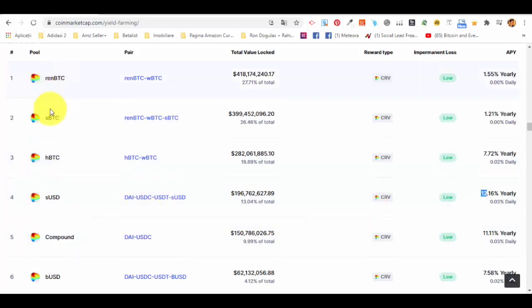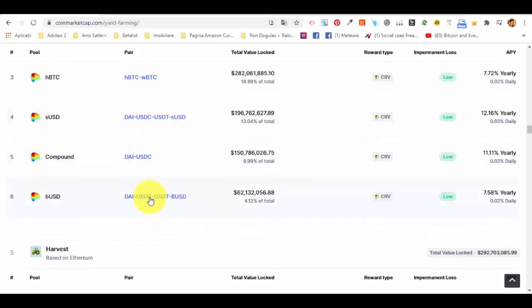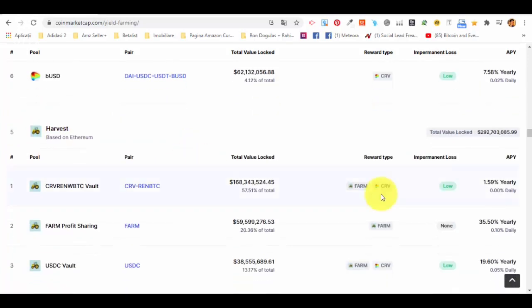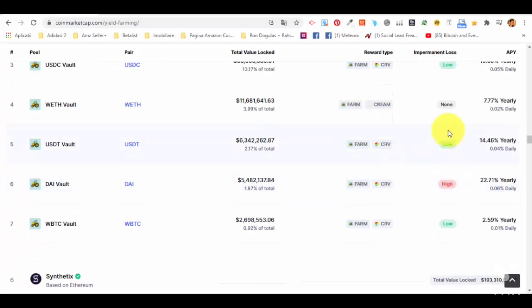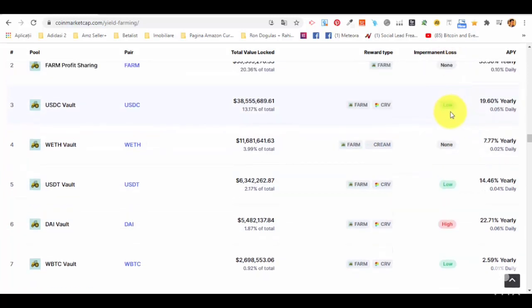We can see that each pool has a different name and a pair of two tokens. People put here a pair of two tokens. Then we have Harvest, which again is pretty good. It has low impermanent loss risks and also good returns in some cases, like this one.